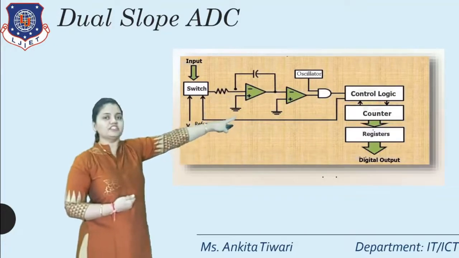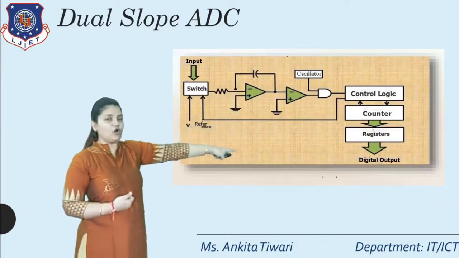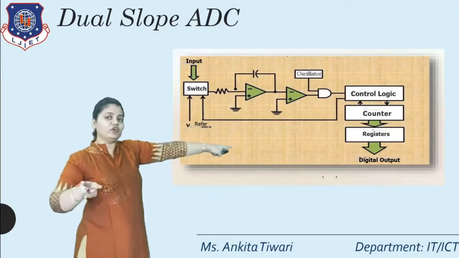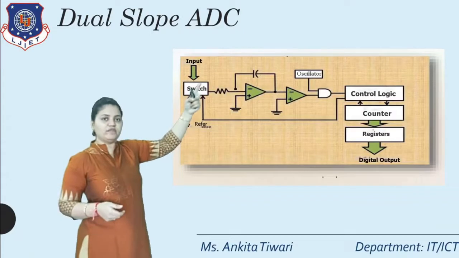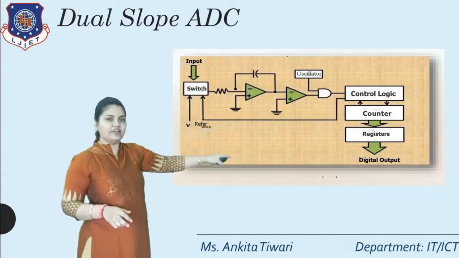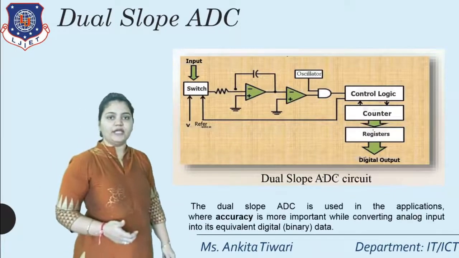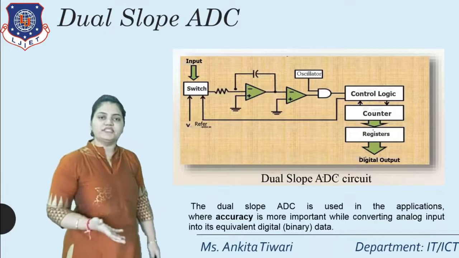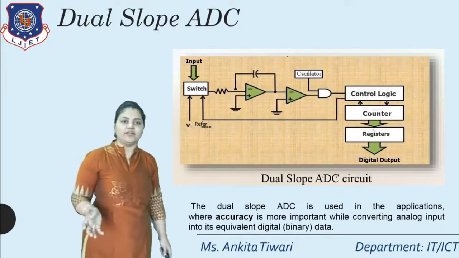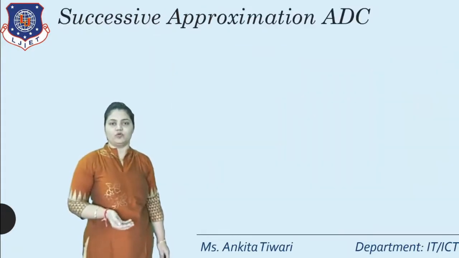The control logic, with respect to the clock, that is the oscillator, is given, and the output will be sent to the counter. When the two voltages become zero, the control logic will reset, the counter value will be retained, and it is done. The counter value will give the value to the register, and the register will give our binary output. The dual slope ADC is used in applications where accuracy is more important while converting analog input into its equivalent digital output.